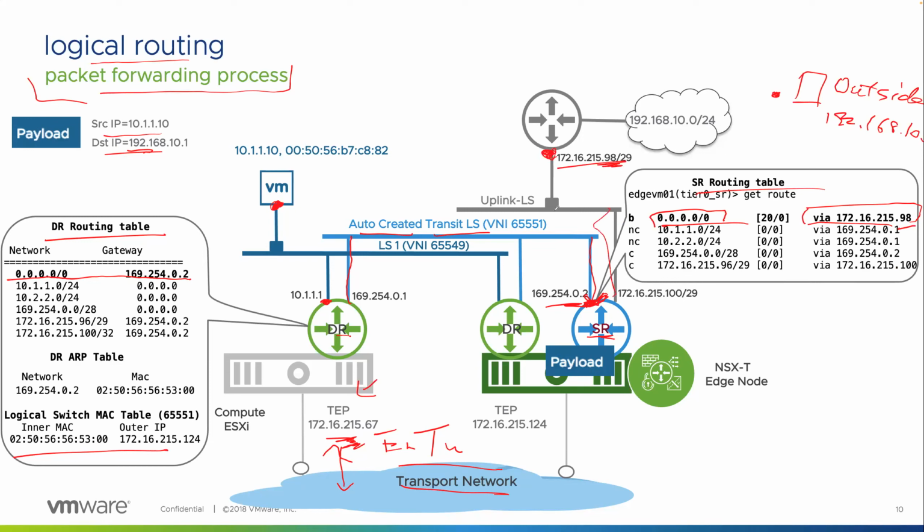Then they send out the packet to the outside router. So that's the whole process for the traffic from this VM to the outside. You can see the whole process was done by leveraging the DR function, the SR function, and the Geneve tunnel. Okay.